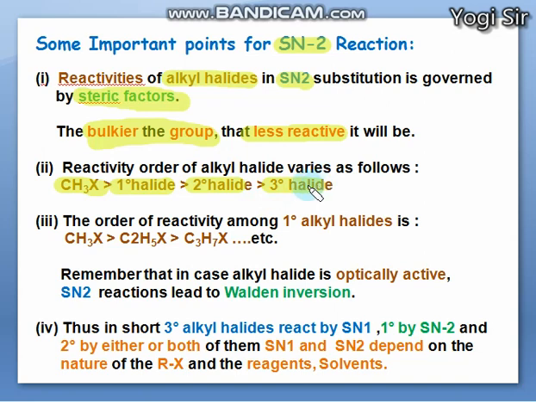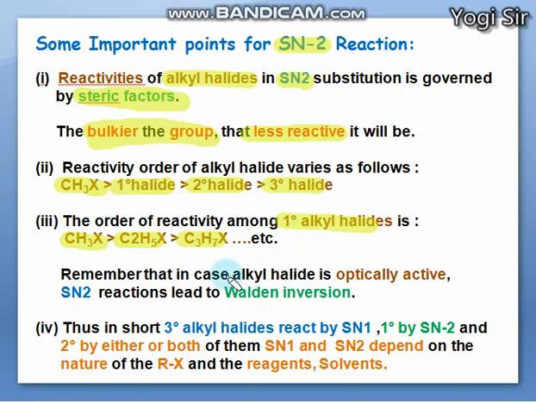It decreases from primary to secondary to tertiary, and opposite to that it is faster towards primary and methyl halides. Same way, among primary halides, methyl is the fastest reactive, and as you increase the carbon chain, ethyl, propyl, butyl, and so on, the rate of reactivity is decreasing, right?